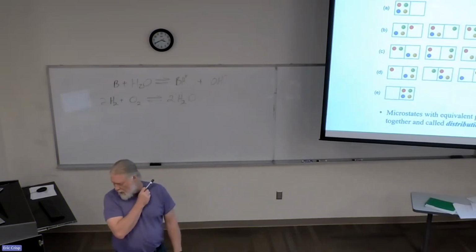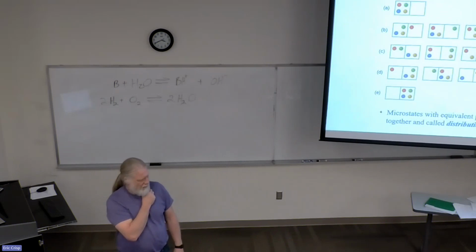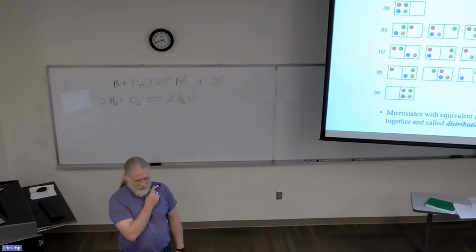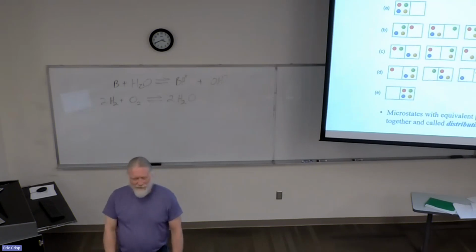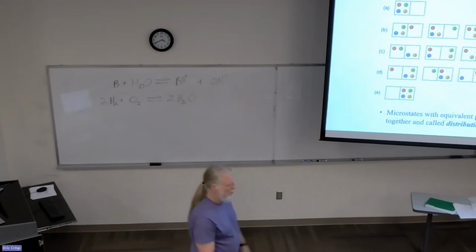So in this case, how many boxes would there be here? 16. How do you get 16? I don't know. Oh, it was the easier way. How many were there with 1 particle?